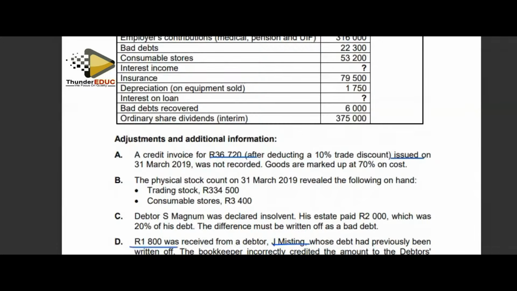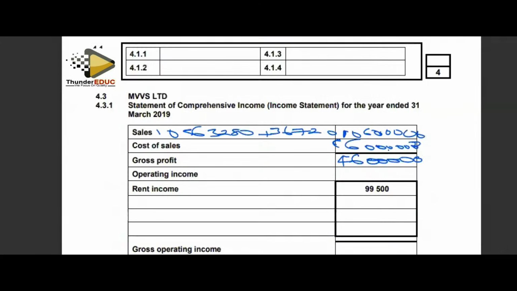Yes. So I'm going to go to the answer book and I say, this is bad debts recovered. We are given the 60,000 in the trial balance.